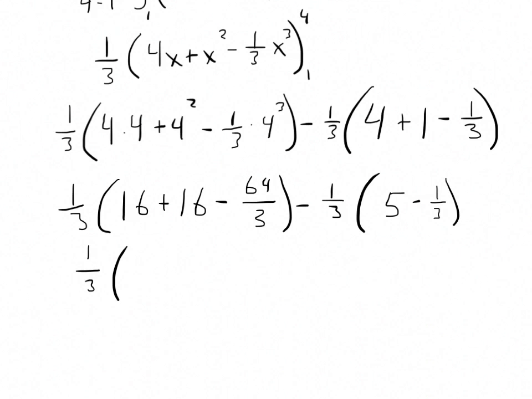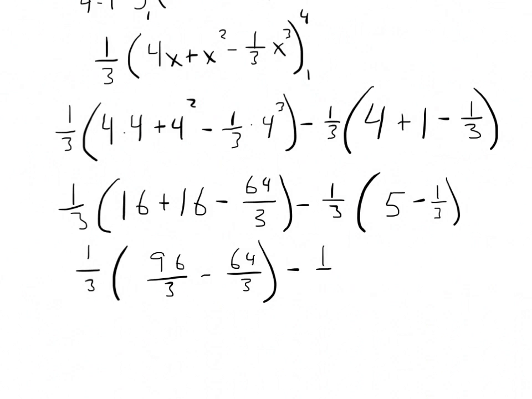This gives me 1/3 of, let's see here, combining these two things together is going to give me 32, but I'm going to want a common denominator with this, so I'm going to make that 96/3 minus 64/3, minus 1/3. And again, I need a common denominator here, so this will be 15/3. 15/3 minus 1/3.